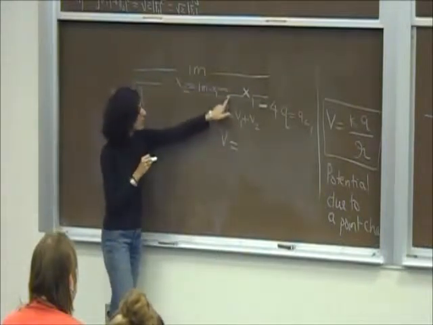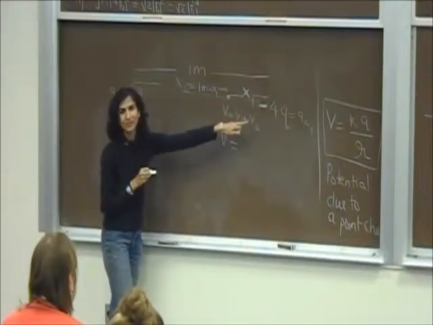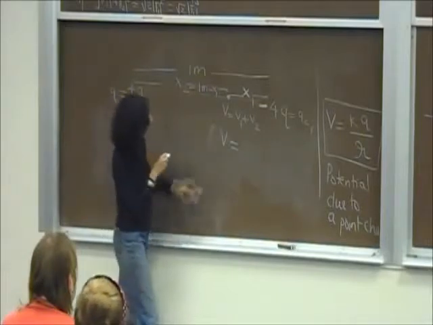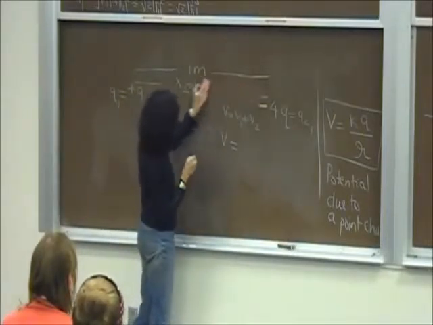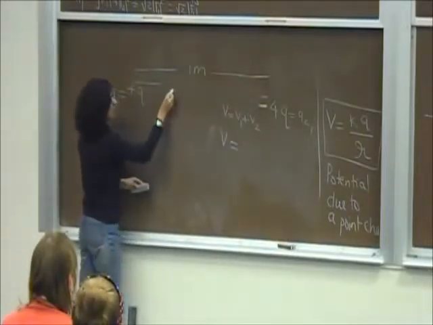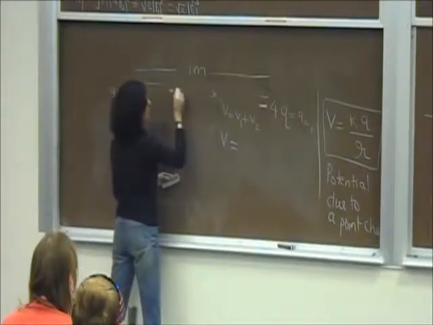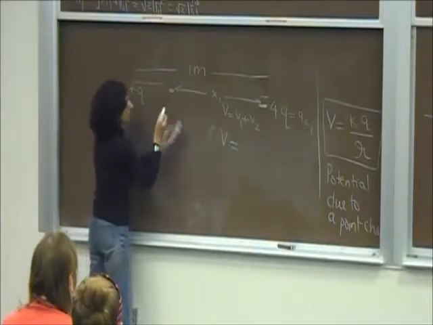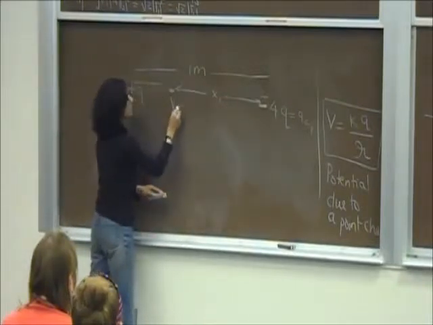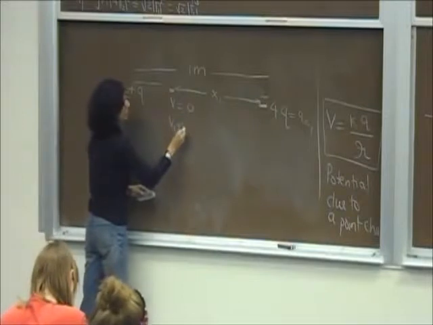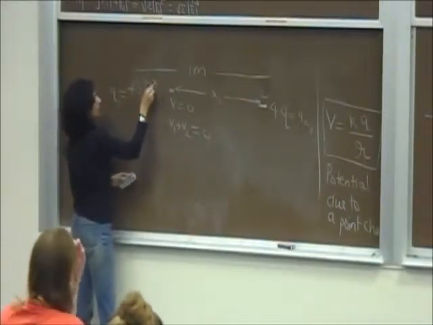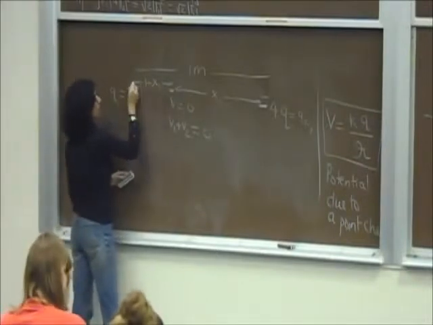So if I'm trying to find a point, first of all, will this point be closer to minus 4q? No, it better be closer to this one, right? Maybe the way I have drawn it is not the best way to draw it. So this is my x1, and this is the point where V is equal to 0, and that means V1 plus V2 is equal to 0, and let's say this distance is 1 minus x1 meter.